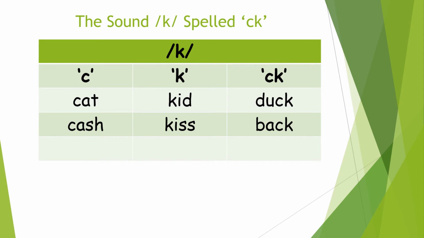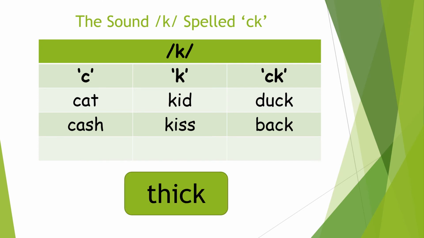Let's do another. Read this word. This is the word thick. Where does thick belong on our chart? Notice there's a CK there, so thick belongs in the CK column.